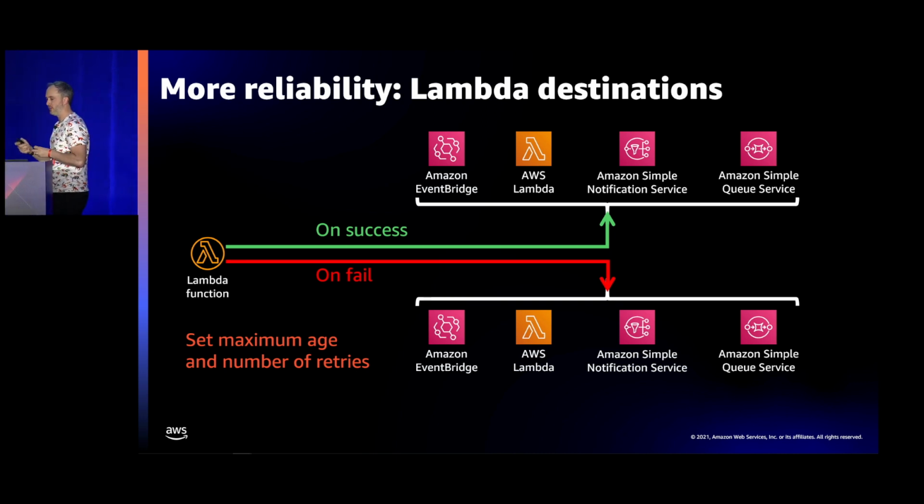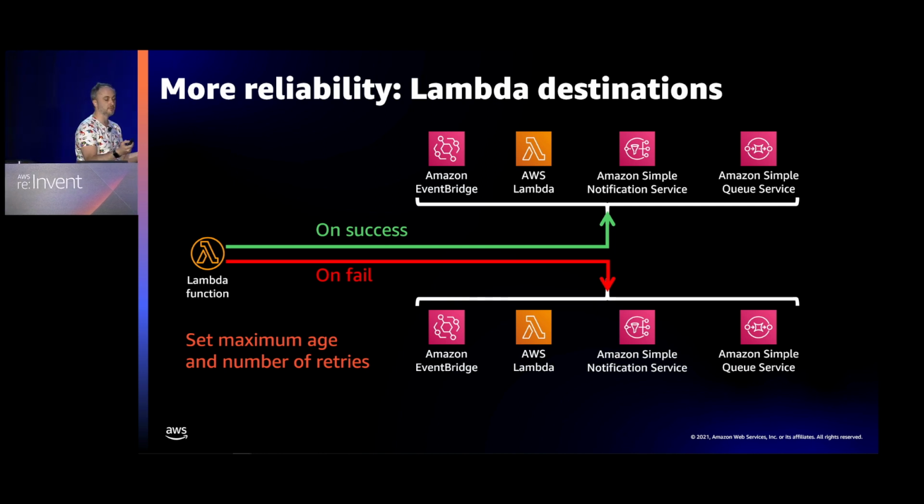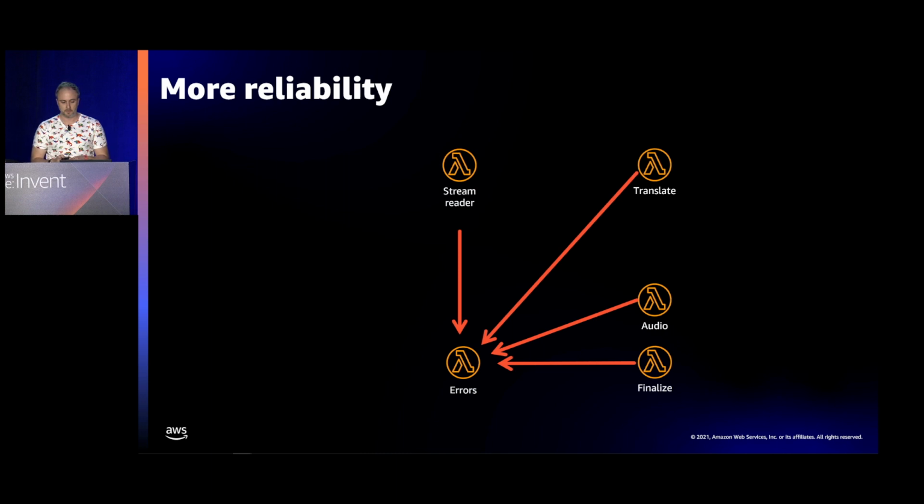Now, we've seen some interesting chaining of Lambda functions from customers. I would advise not chaining too many Lambda functions together, because then you start to create a kind of workflow, and there's other services that can manage that better, like Step Functions, for example. But on failure events, I think it's a great way of capturing failures in any one of these services.